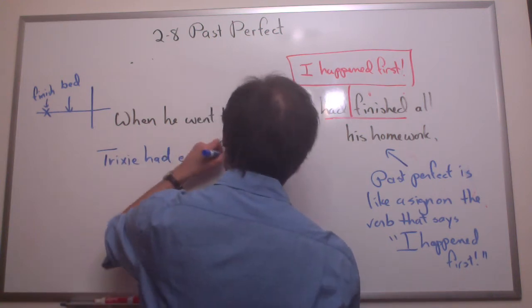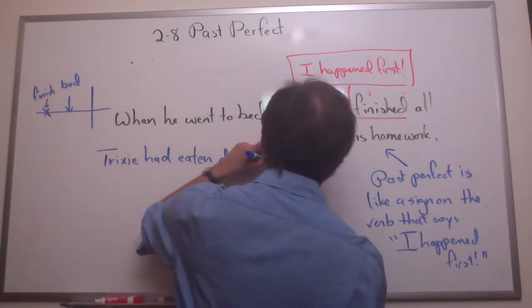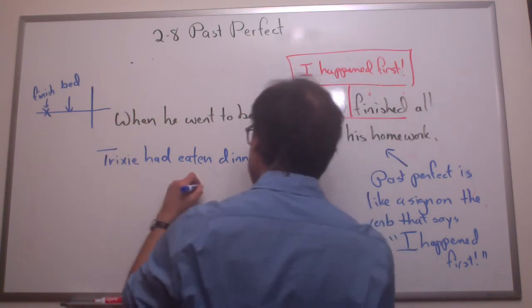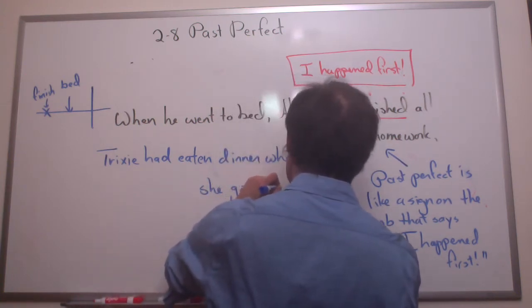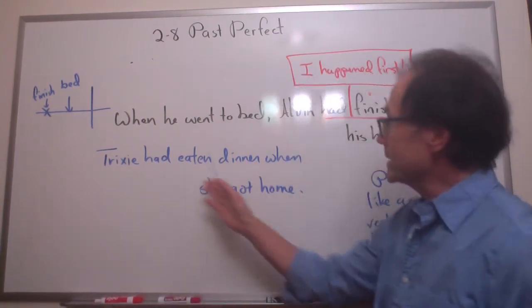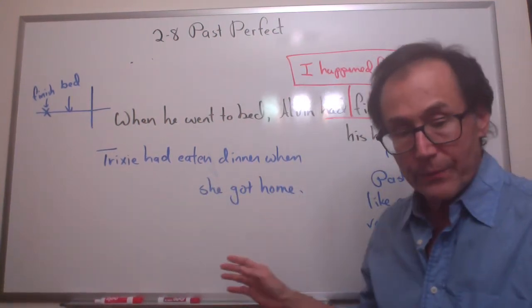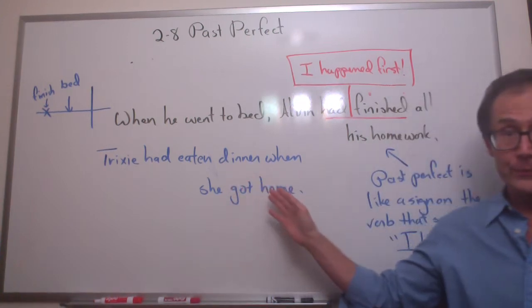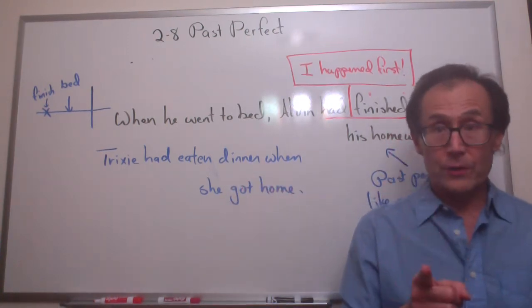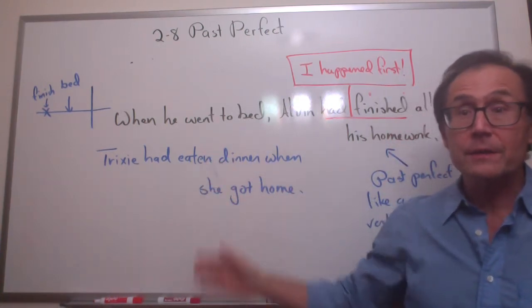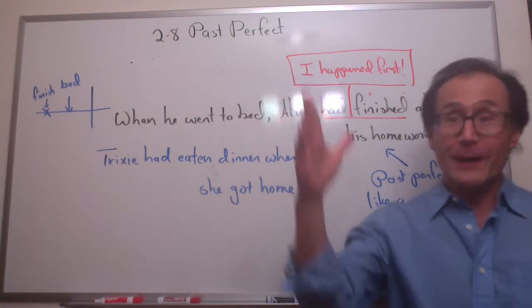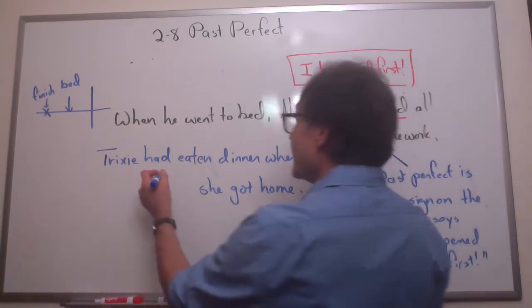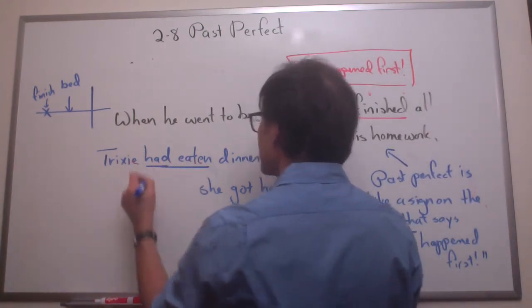Trixie had eaten dinner when she got home. Trixie had eaten dinner when she got home. So, first question I have for you is, please find the past perfect here. Shouldn't take you long. Right. Past perfect is here, had and past participle.